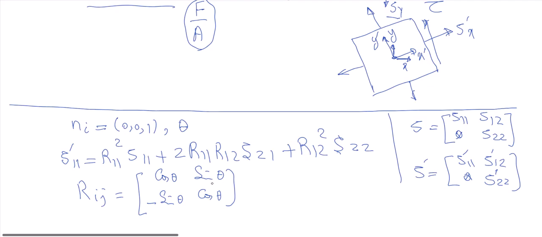So look what I get for S prime 1, 1. R11 is cosine theta, so this becomes cosine theta square S11. Then this term, R11 is cosine theta, R12 is sine theta, so this becomes 2 sine theta cosine theta.